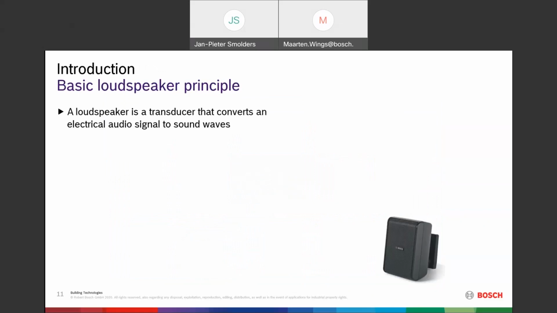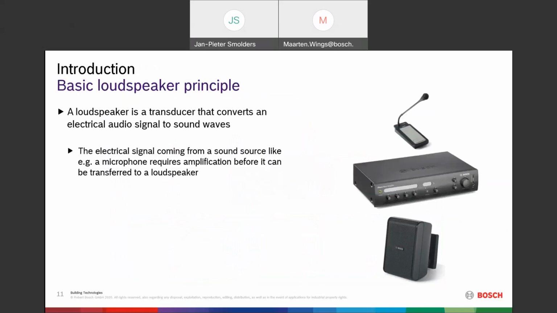Now back to the basics. What does a loudspeaker do actually? It's a transducer. It will convert the electrical audio signal into sound waves. How does it do that? The original sound, which you speak maybe into a microphone, must be amplified before it can be transferred to a loudspeaker.